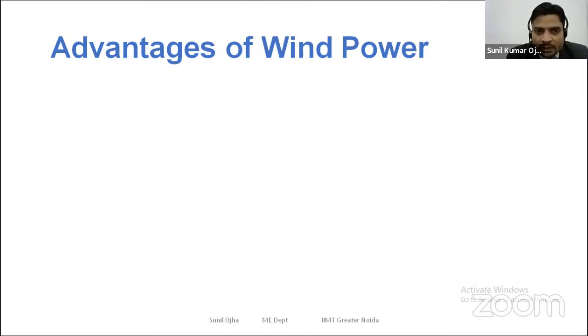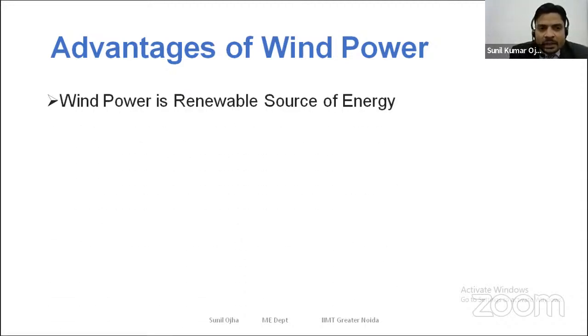So why are we focusing on wind power? The advantage of wind power is that it is a renewable source of energy. It will not exhaust. That's why we focus on wind power.